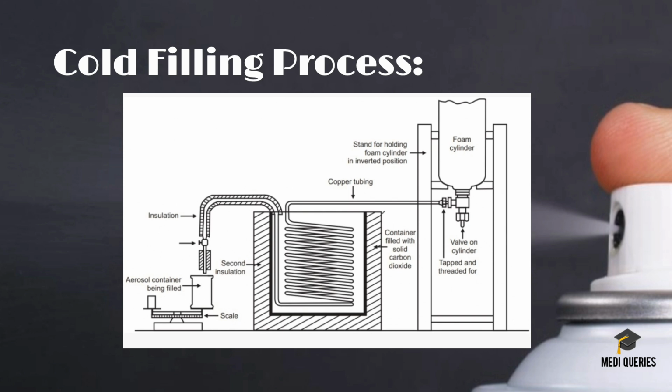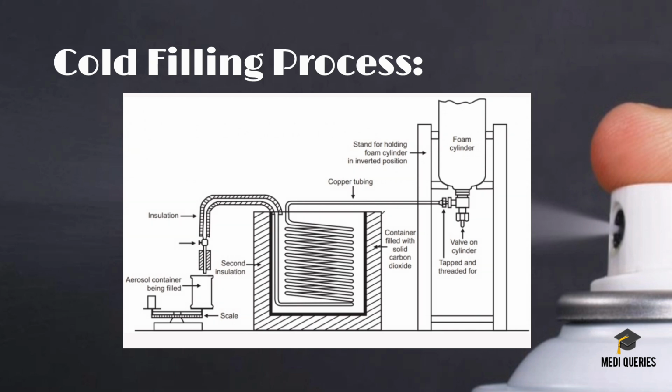A dry ice acetone bath is used to obtain the desired low temperatures for laboratory scale preparations, whereas refrigeration equipment is used for the large scale production of aerosols. So this is the cold fill process.